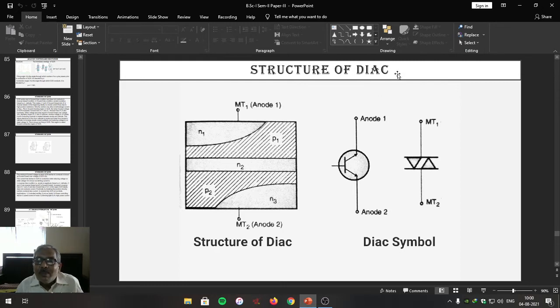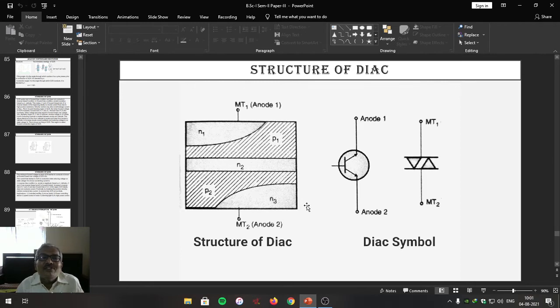Friends, let us study the construction of DIAC at first. To understand the construction of DIAC, which is represented in this particular figure, that clearly gives an idea about what exactly DIAC consists of.